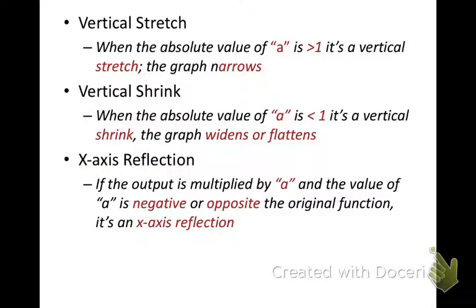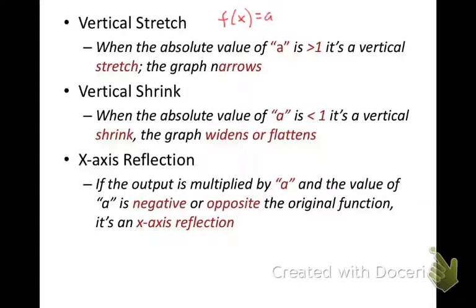Now we're ready to write some rules for vertical stretch and shrinks and reflections. So in your notes, you're going to go and fill in the blanks. So when the absolute value of the a value in the function, and let me just write that function up above, and you can do this in your notes too, just to help you remember where those numbers are that we're talking about.